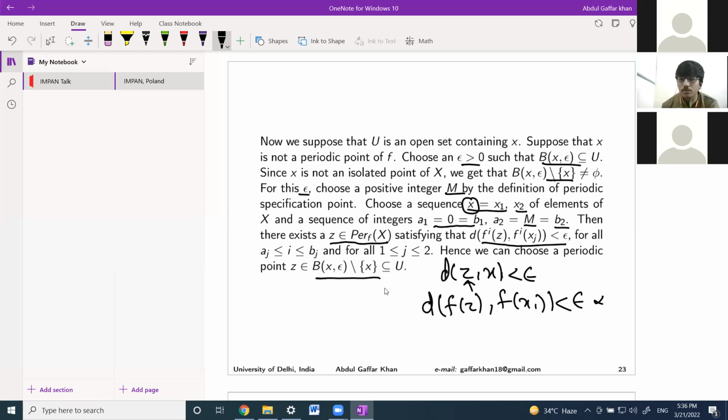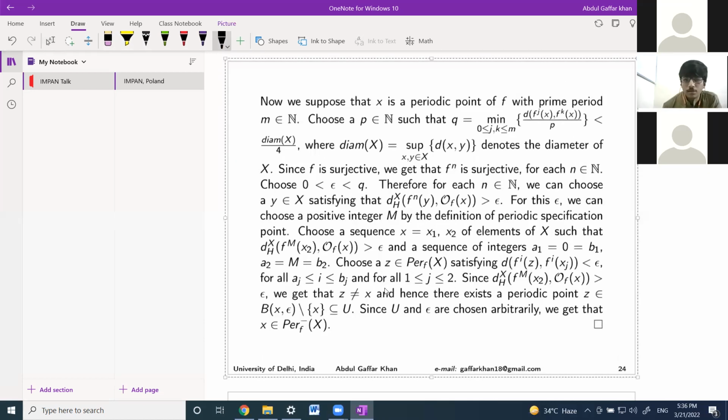So we now suppose x is a periodic point. In that case, we proceed as follows. Suppose that x is a periodic point with prime period m, and choose a natural number p so that the quantity q is less than the diameter of X by 4. Here this quantity is the distance between f^j x and f^k x, where j is not equal to k.